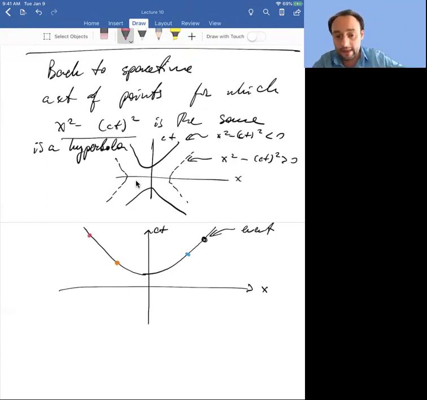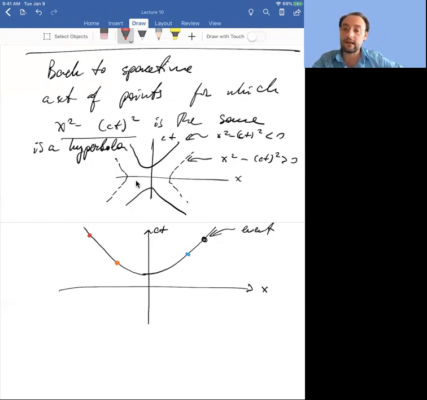Just like delta x squared plus delta y squared is a measure of distance between two points in Euclidean space, the quantity delta x squared minus c delta t squared is a measure of distance between events in space-time.